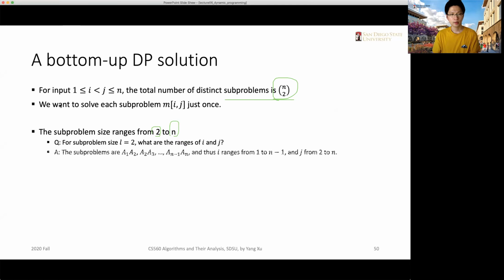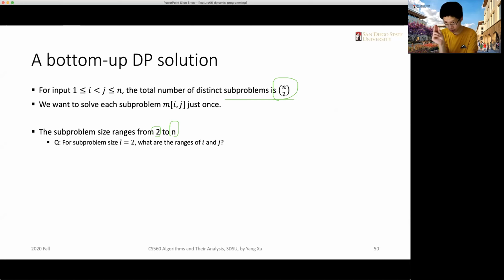So let's see, for the smallest case, the subproblem of size 2, we can look at the range of I and J, right? You can imagine a sliding window of 2 that slides from the left, 1, to the right, n, to get all possible subproblems of size 2.